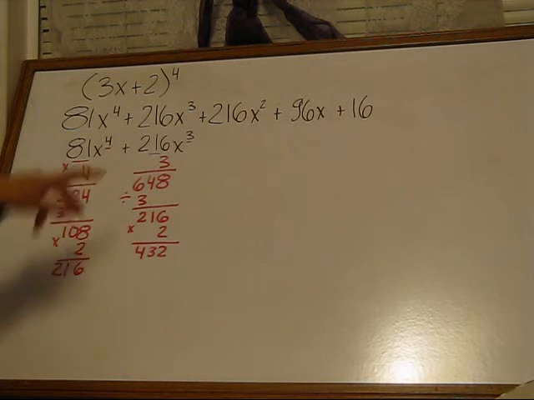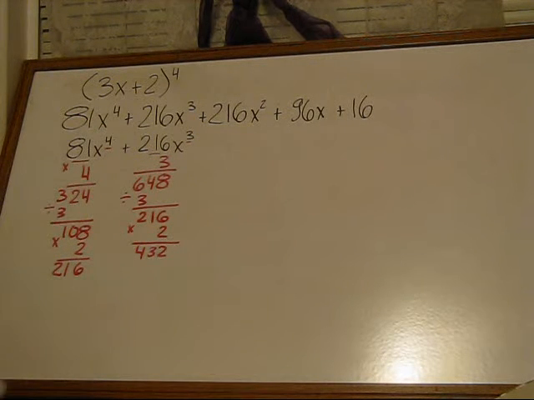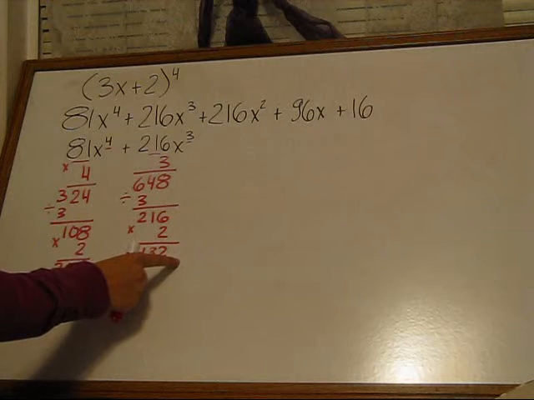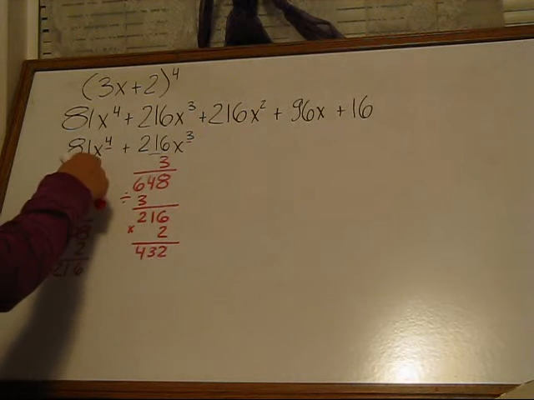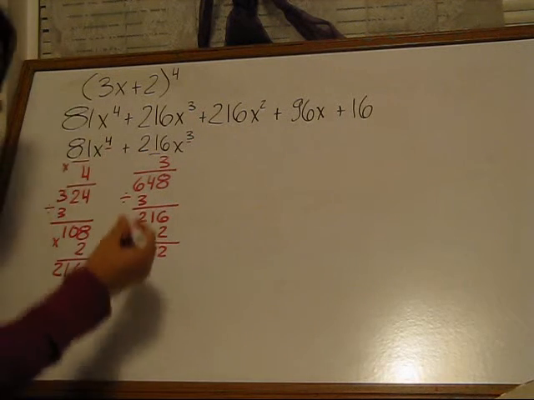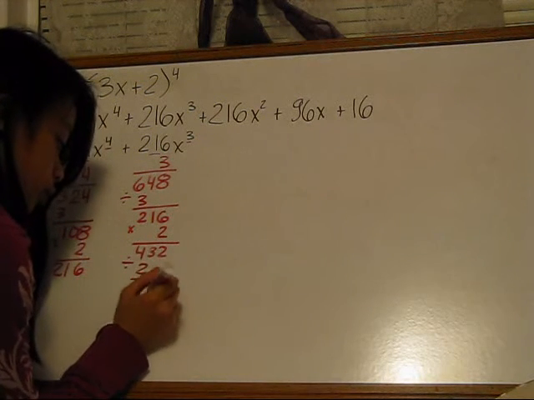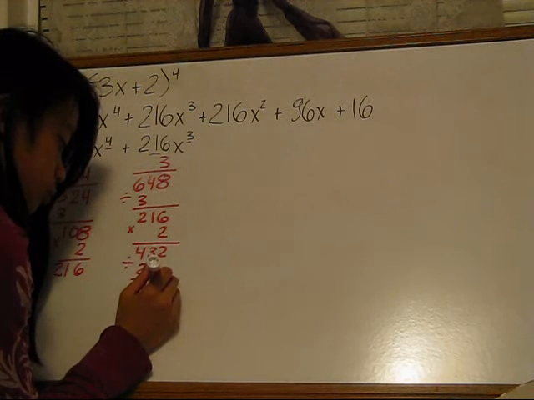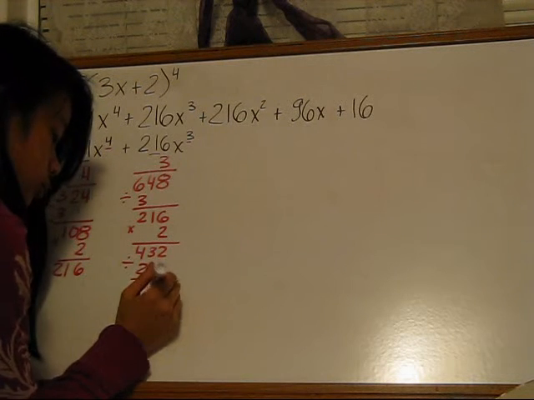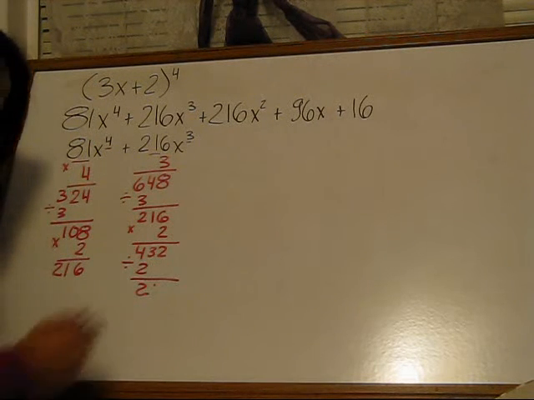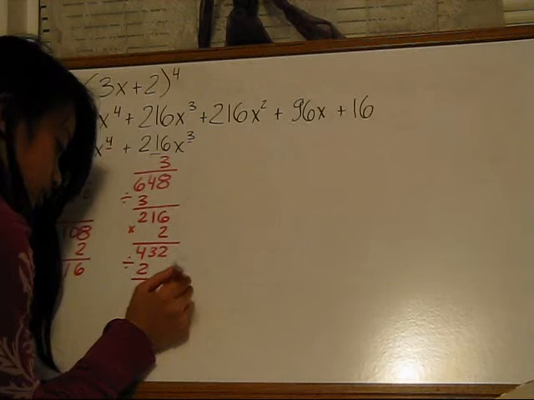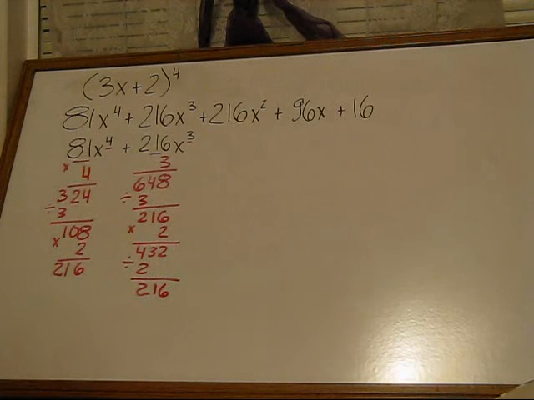Now this time you see that there are 2 terms. So then you would take this number and divide it by 2. So 432 divided by 2 would equal 216, and that would be your next term.